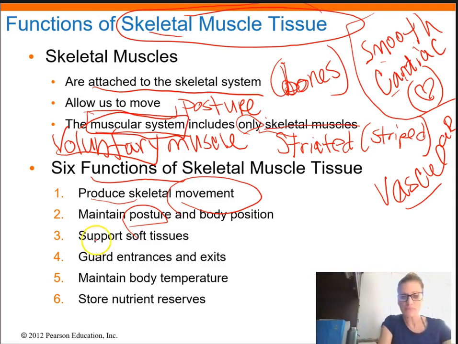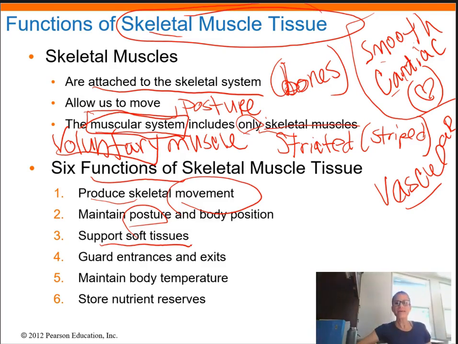Skeletal muscles support a lot of other soft tissues. So for example, think about your abdominal muscles. You have multiple layers of abdominal muscles that form this front abdominal wall. And right behind that, you've got a lot of soft tissues that don't have very much structure. So your intestines, for example.